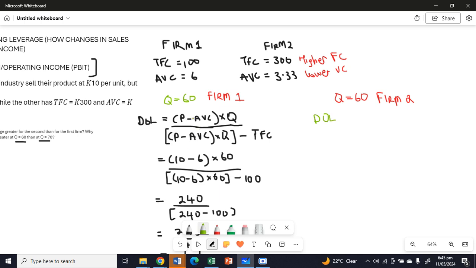So let's get the DOL of firm 2, using this same formula here. Our selling price per unit is 10 kwacha. Our average variable cost per unit is 3.33 kwacha, multiplied by our quantity, which is 60.